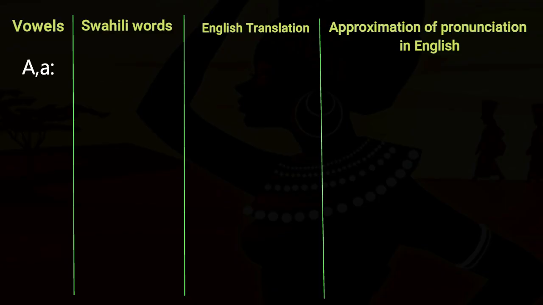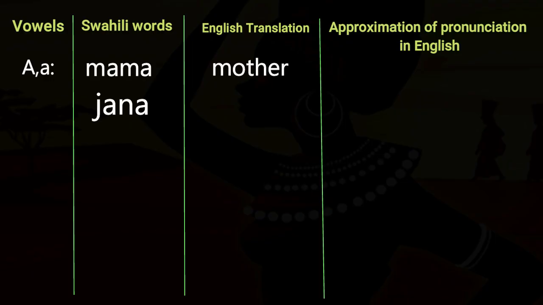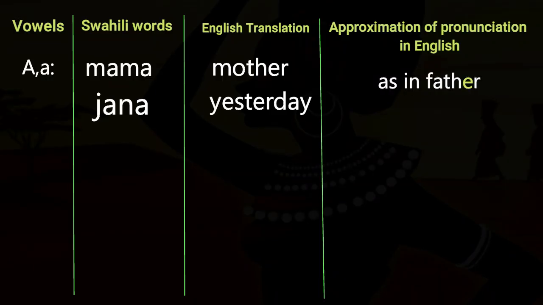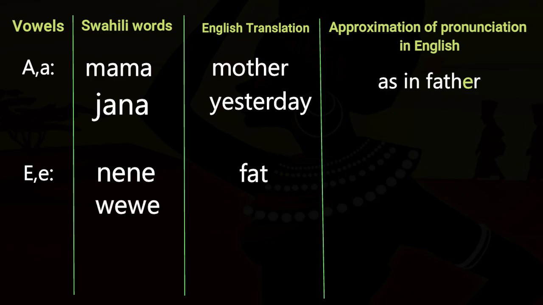in words like mama, mother, jana, yesterday, as in father. The second vowel is E in words like nene, fat, wewe, you, as in get.